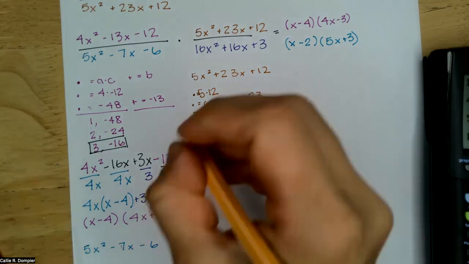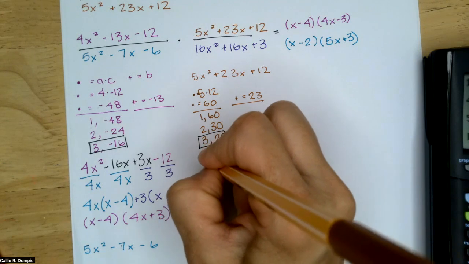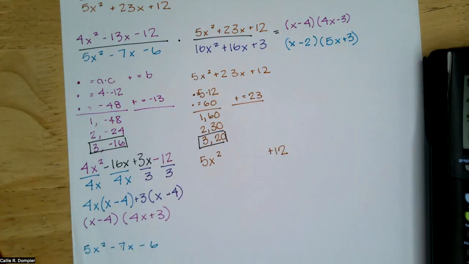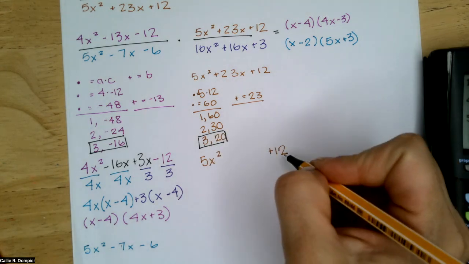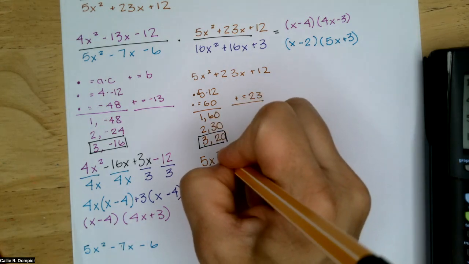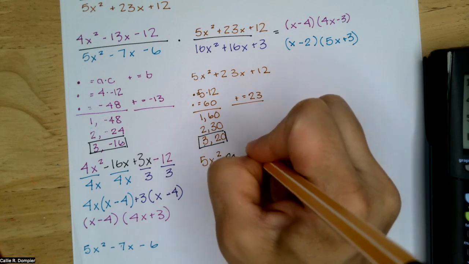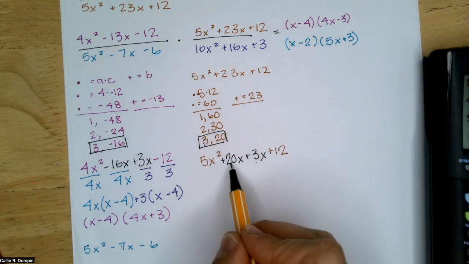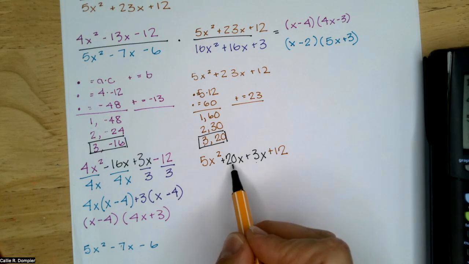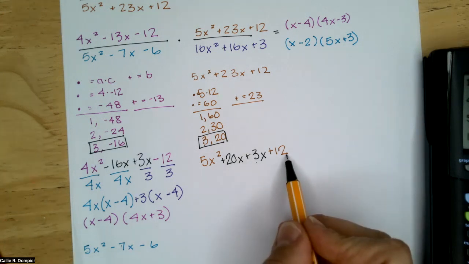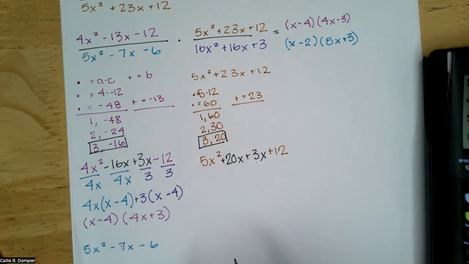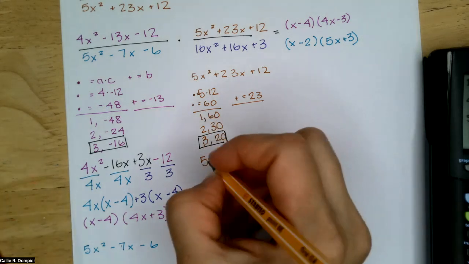So keep the a, keep the 5x squared, keep the c, keep the 12. And then we have a 3 and a 20. I'm going to say 5x squared plus 20x plus 3x, because 20 and 12 also have common factors with 5 and 3, so if you put the 3x here, it will work. All right, what can I divide out of 5x squared and 20x?